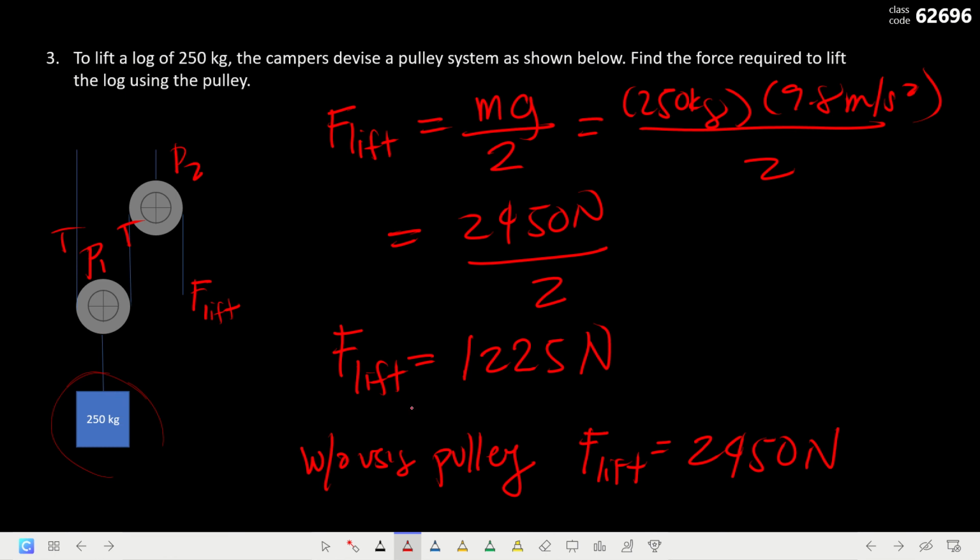If we increase the number of pulleys in our system, it will decrease the force required even more.